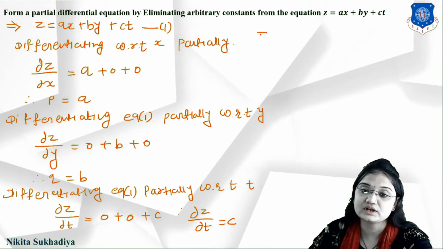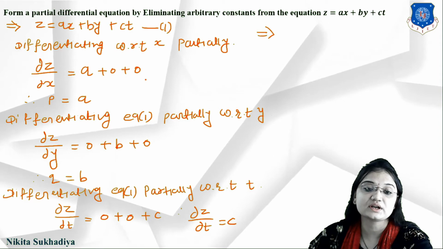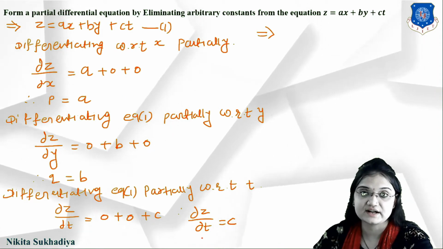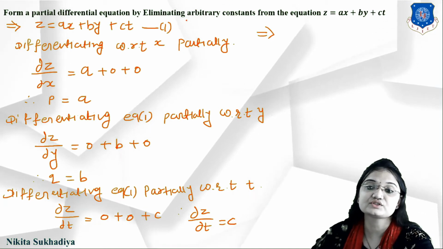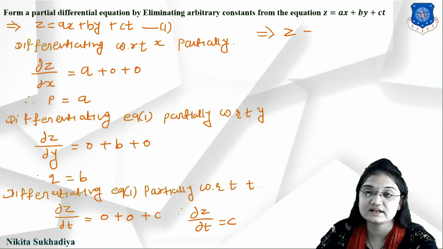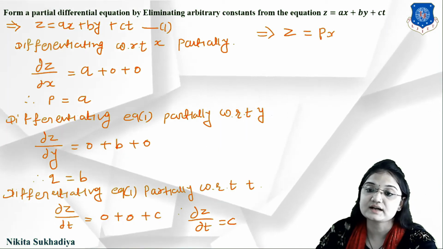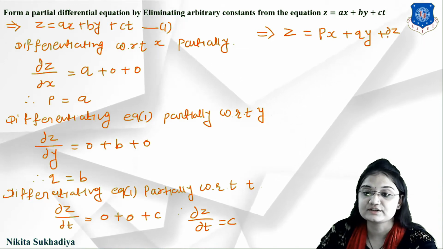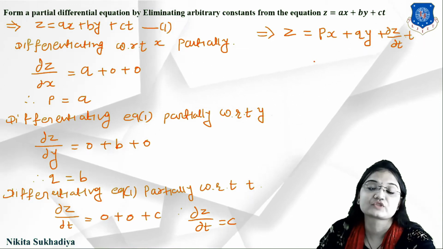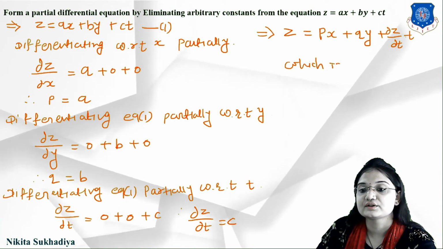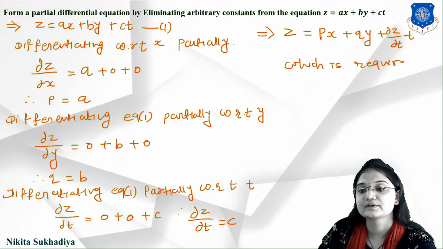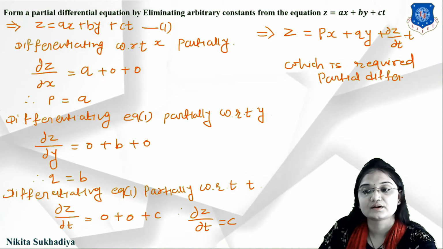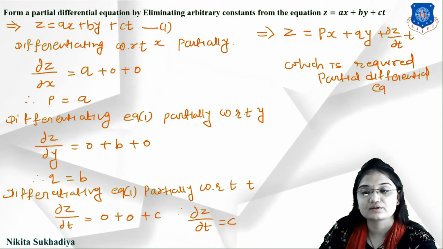Okay, now by putting a is equal to p, b is equal to q, and c is equal to del z by del t in our equation number 1, our equation number 1 will become z is equal to px plus qy plus del z by del t into t, which is the required partial differential equation.